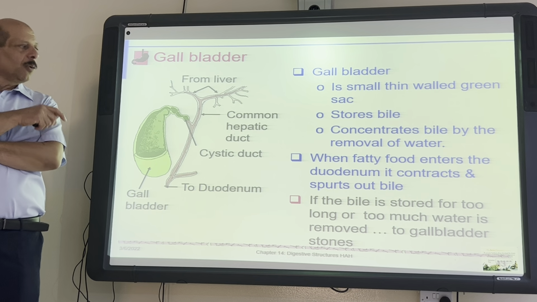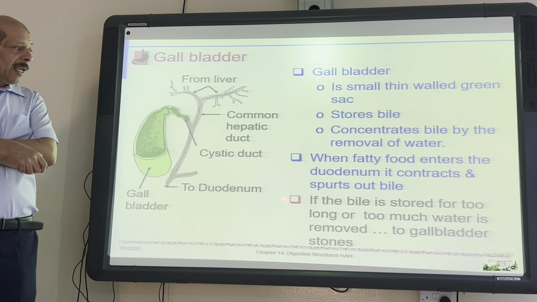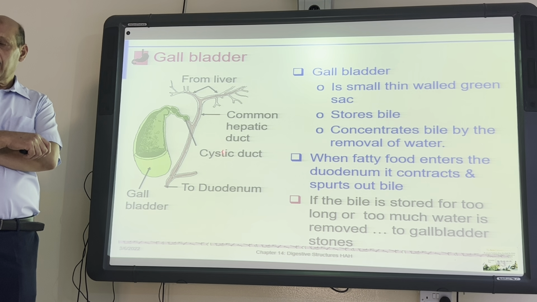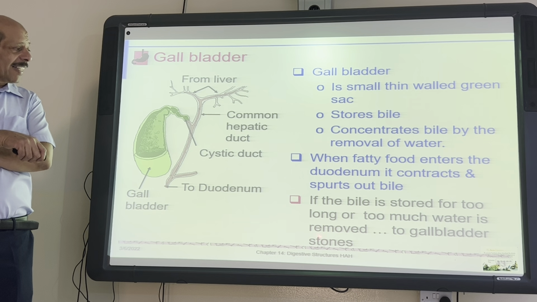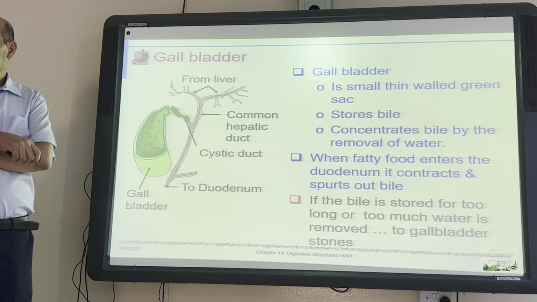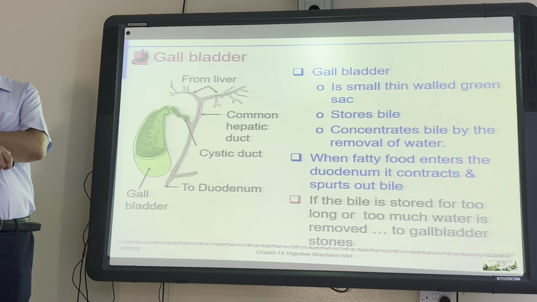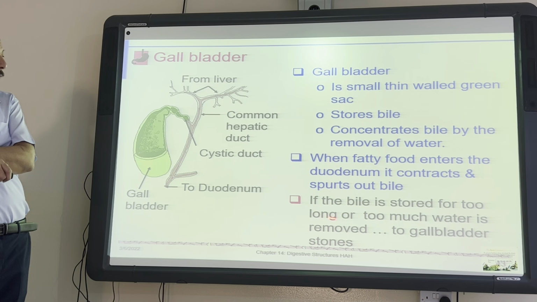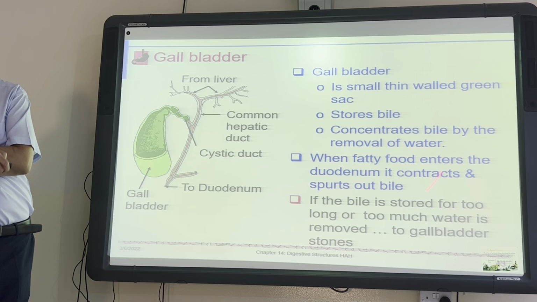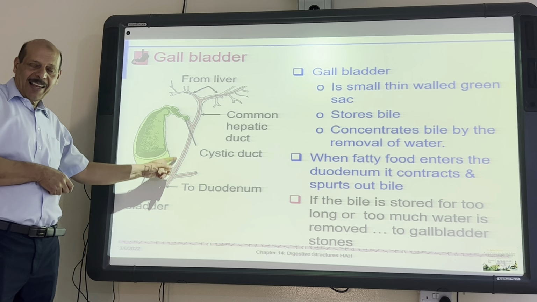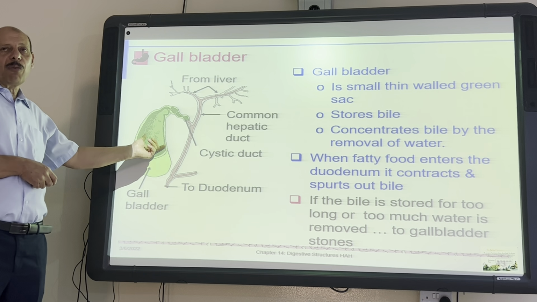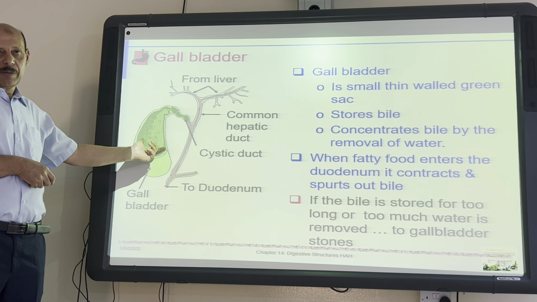It might be due to the content staying for too long a time, or it is dried. The water is absorbed more from the content. Because of that, it will change to a stone that might lead to blockage of the canal, or it might lead to inflammation of the gallbladder.